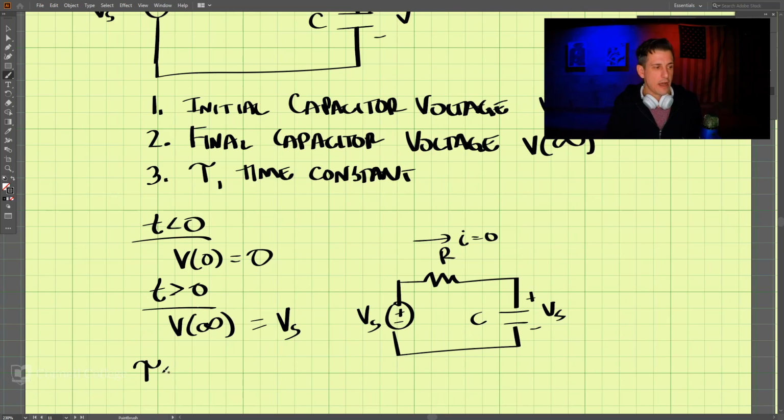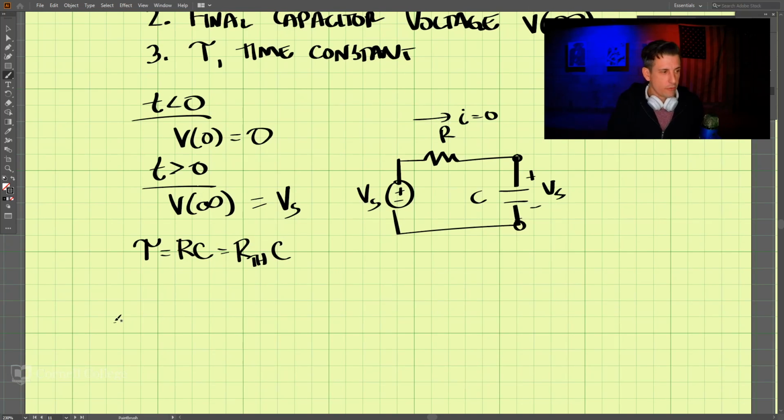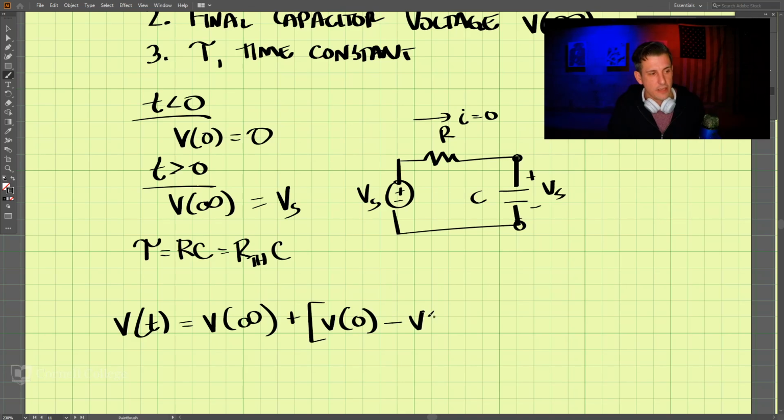And last, we need to find our time constant, which is R times C, sometimes R Thevenin times C, with respect to these two terminals. Once we have R times C here, then our equation for the voltage at a certain time is V infinity plus V at time 0 minus V infinity, times e to the negative t over tau.